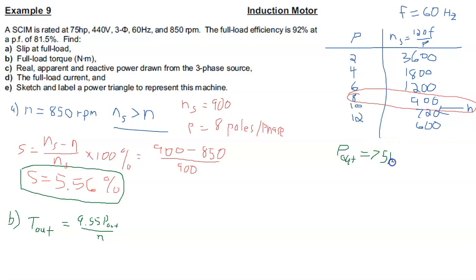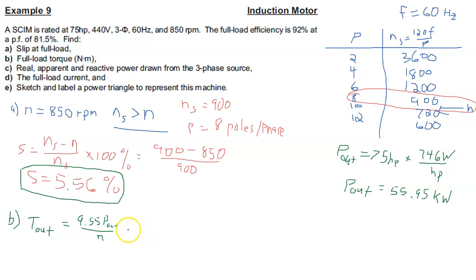75 horsepower multiplied by 746 watts per horsepower, and the power out for that machine is 55,950 watts, or 55.95 kilowatts. Now, you can round that to 56 kilowatts, I guess, if you want to.